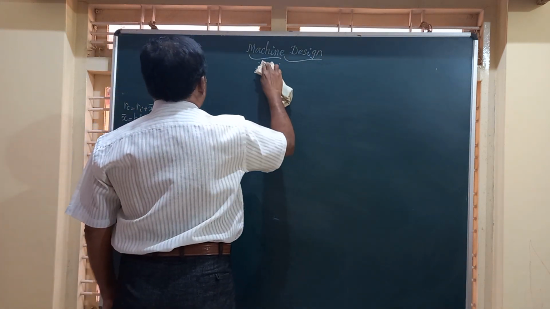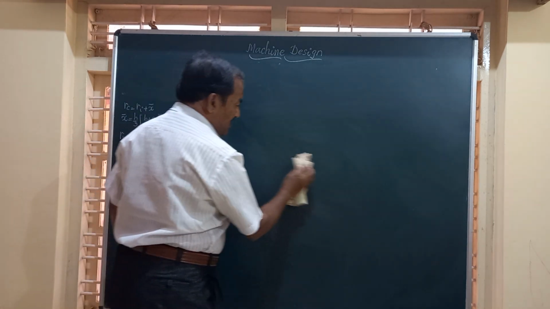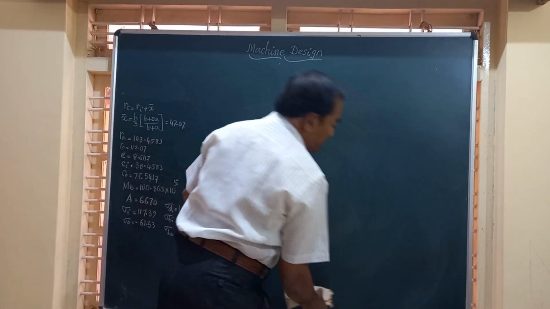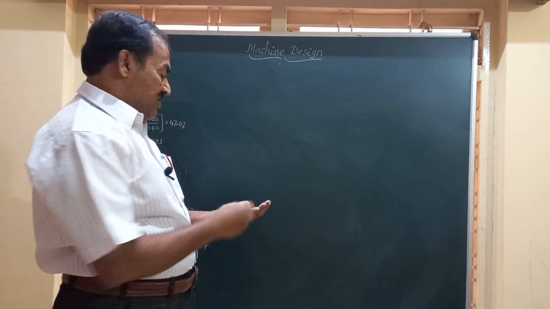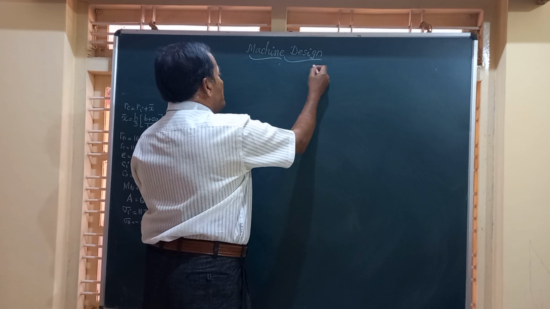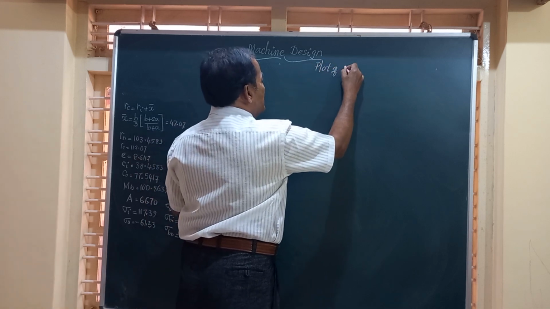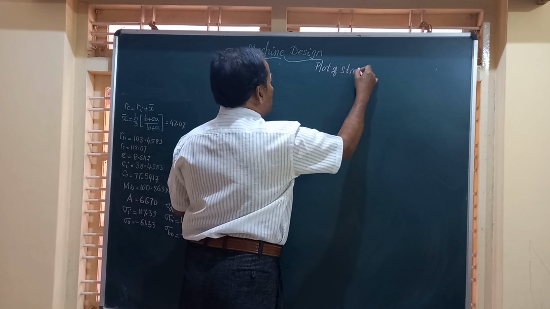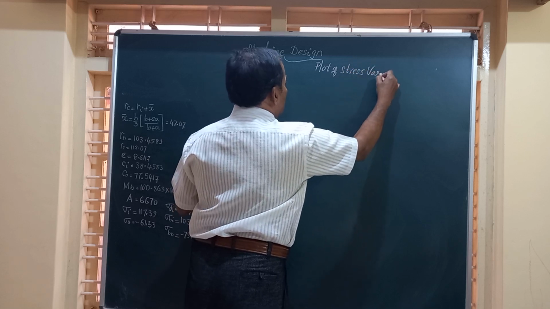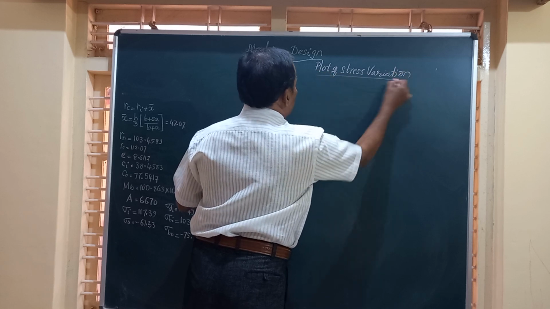We have calculated the values of all the stresses, the direct stress and the normal stress due to bending, and we can plot this variation. So for this, we'll say here plot of stress variation across critical section, that is AB.